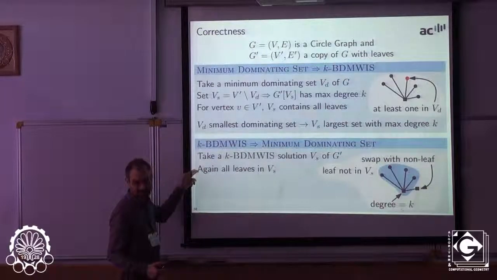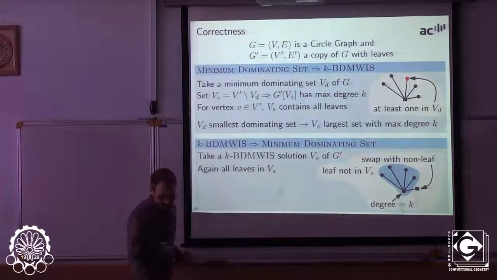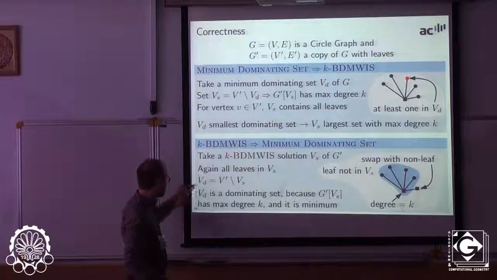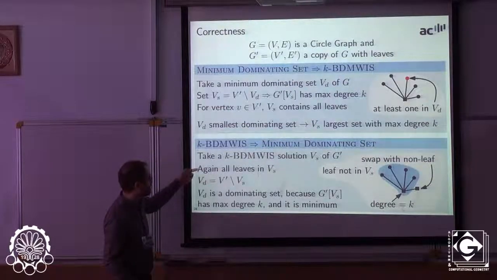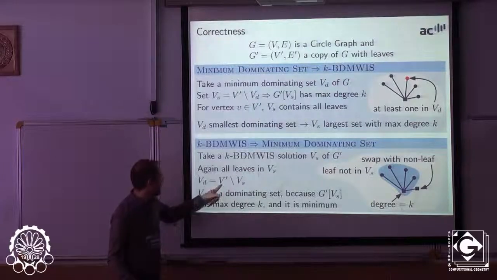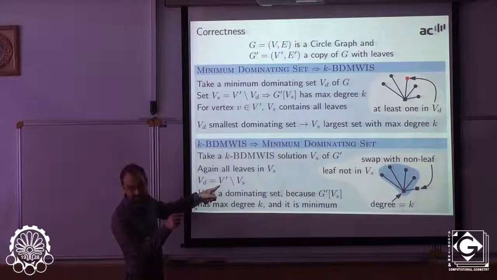We take one of those solutions. And now we can play the same argument. We take the complement. We know all the leaves are in Vs. So when we take the complement, what we get is actually a subset of vertices of the original graph, because no leaf is in the complement.